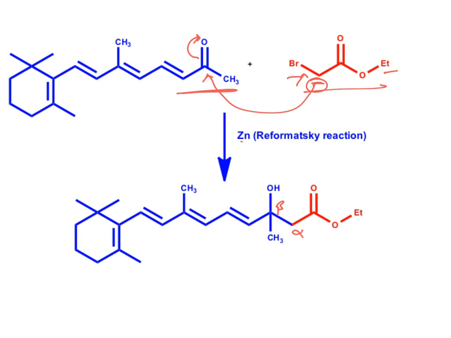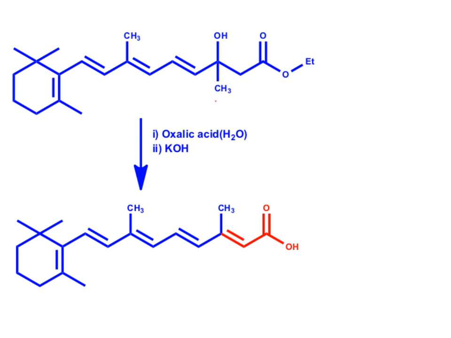This is the alpha position, this is the beta position. To get a double bond, again we have to react this molecule with oxalic acid to introduce unsaturation, followed by conversion of this ester into alcohol. So here I am taking the beta-hydroxy ester and reacting with anhydrous oxalic acid in acidic medium.